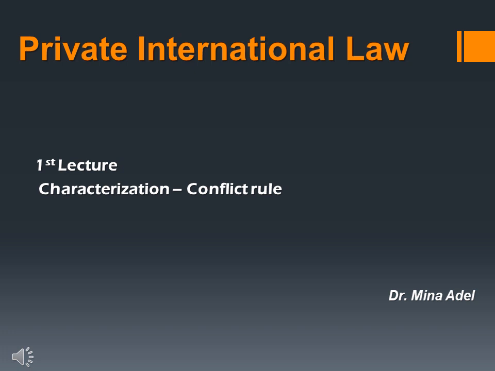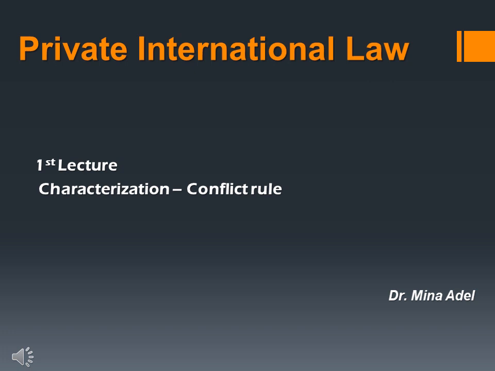So here we say that the Egyptian law will rule to determine the nature of a legal relationship. So it will be the Egyptian law. It will determine the nature. So here we talk about the characterization, to find the nature of the legal relationship in order to ascertain the law applicable in the event of a conflict between various laws in any particular suit.